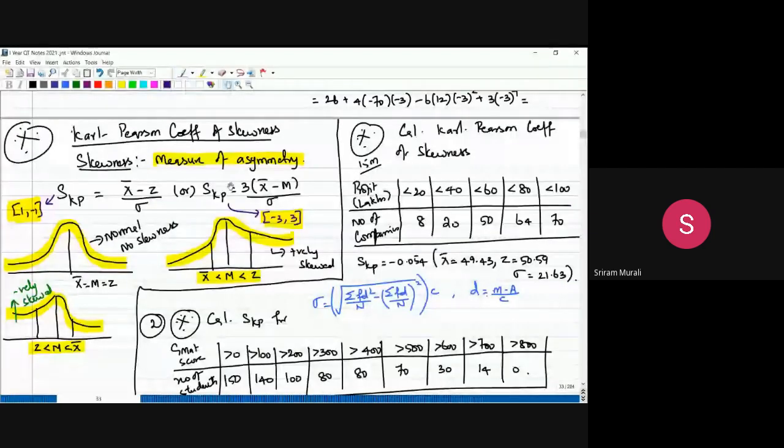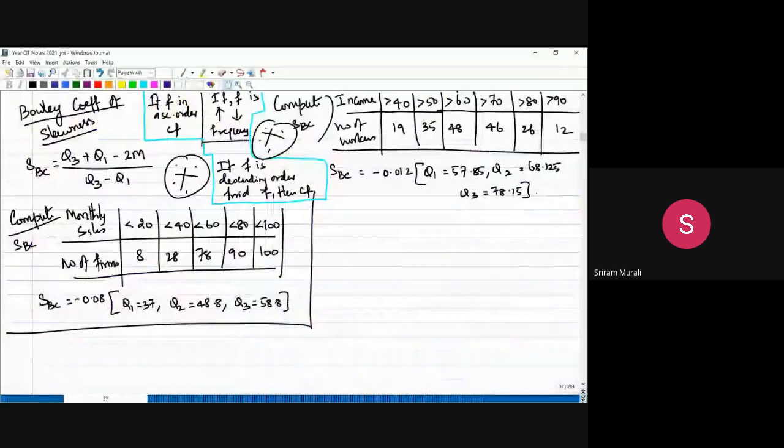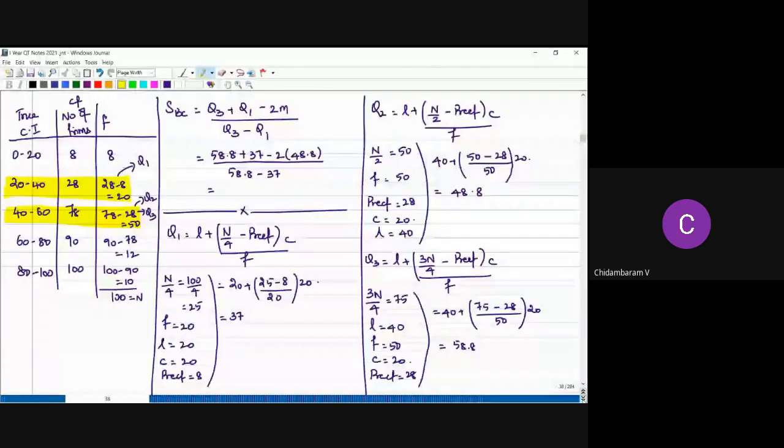Otherwise, Bowley's coefficient and Karl Pearson's coefficient will be in the range of -1 to 1. Yes, sir, even this answer is in the range of -1 to 1. Sir, 0.082568. Yes, sir, 0.08. Okay, sir.